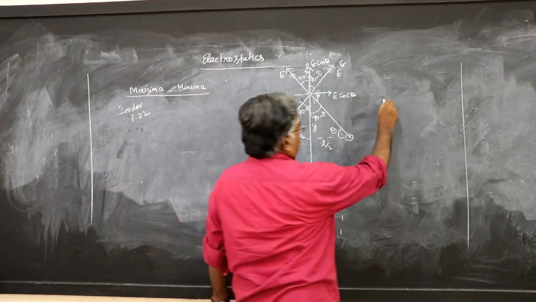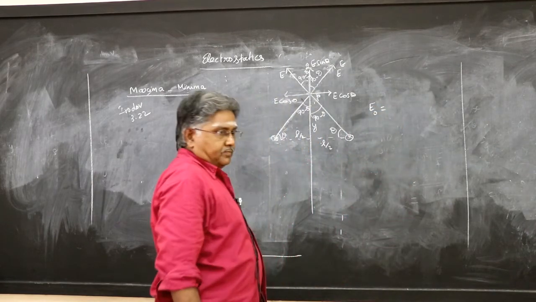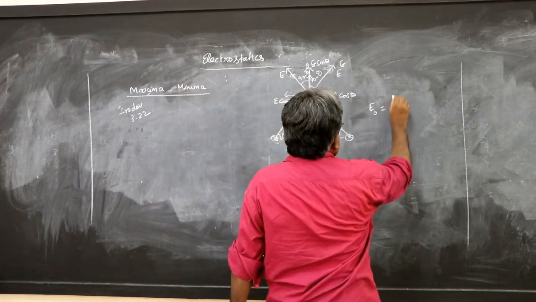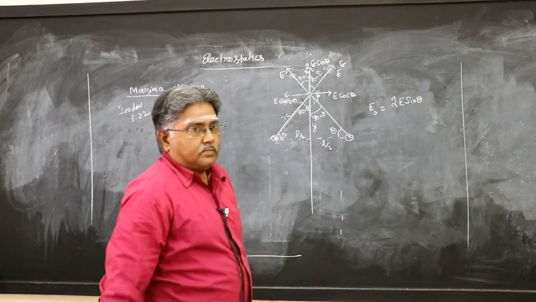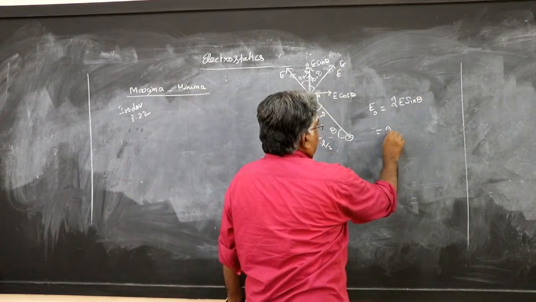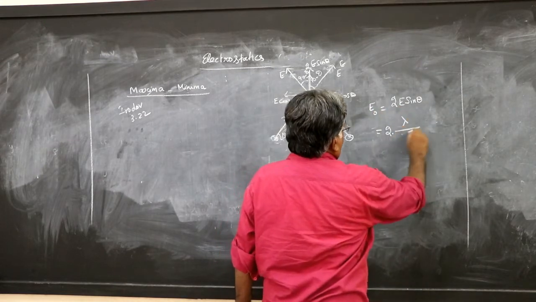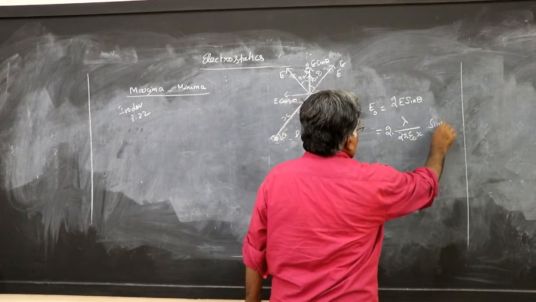So the effective electric field, say E naught, is equal to 2E sin theta, which is 2 into lambda by 2 pi epsilon naught x into sin theta.